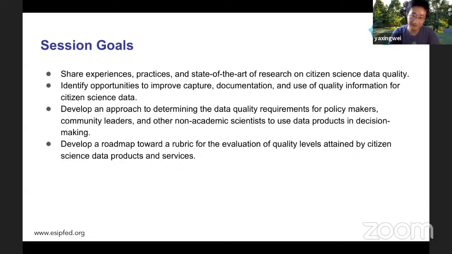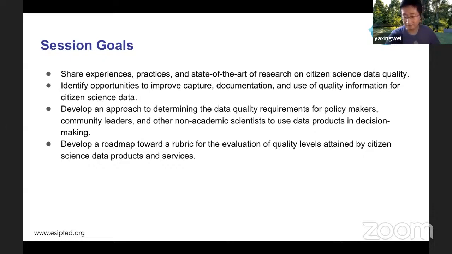And more specifically, we hope to develop an approach to determine the quality requirements for policymakers, community leaders, and other non-academic scientists to use data products in decision making. And this is related to that draft survey I just mentioned. And then lastly, we want to develop a roadmap toward a rubric for the evaluation of quality levels attained by citizen science data products and services.